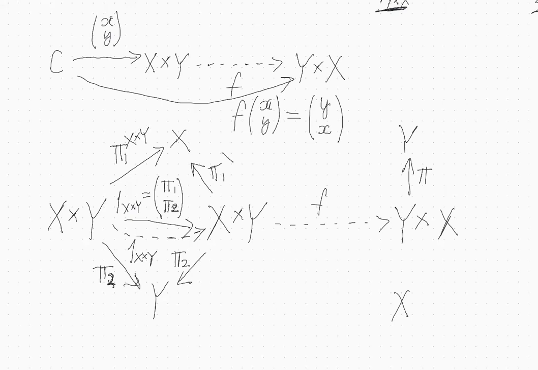And that's the pi2 of x cross y. Now this one is also pi1 of x cross y, and here also x cross y. Here, on the other hand, we have pi1 of y cross x and pi2 of y cross x.